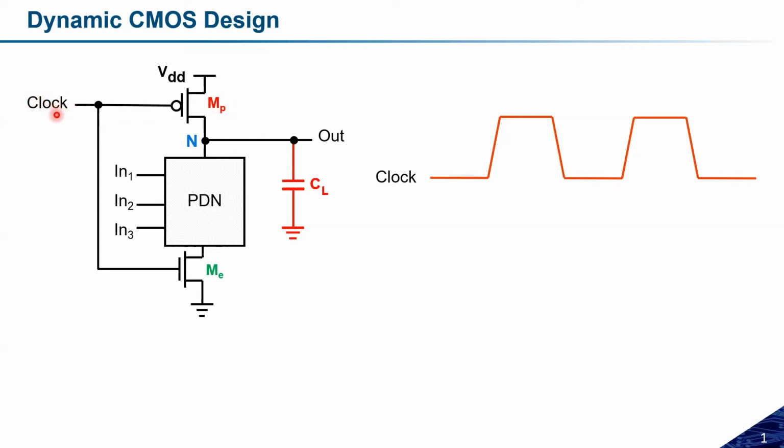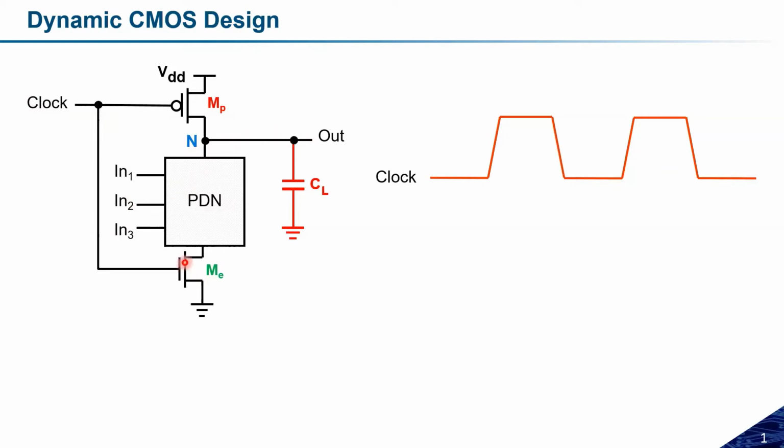In this state, even though there is some change in the input pattern, there will be no reflection at the output, even though I have changed the inputs of the transistors connected in the pull down network.